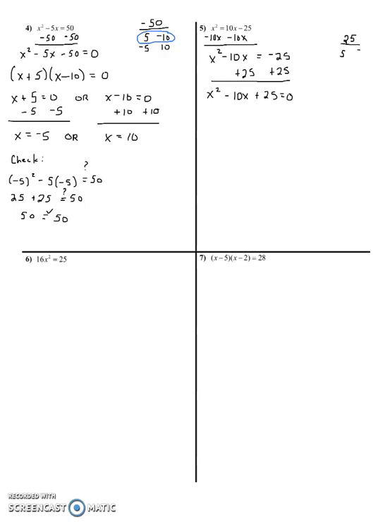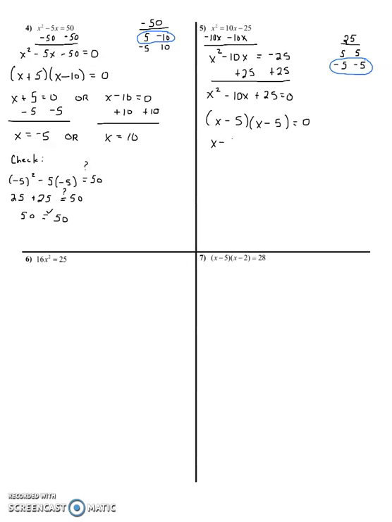So we could have 5 and 5, or negative 5 and negative 5. And I believe the two negative 5s are the ones we want because that adds to give us negative 10. So that means this factors into x minus 5 times x minus 5 equals 0.